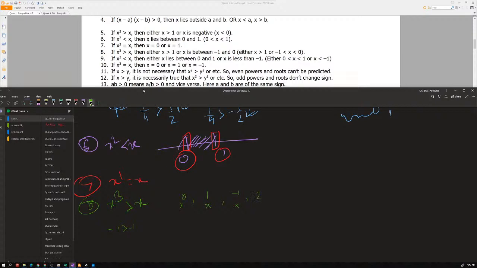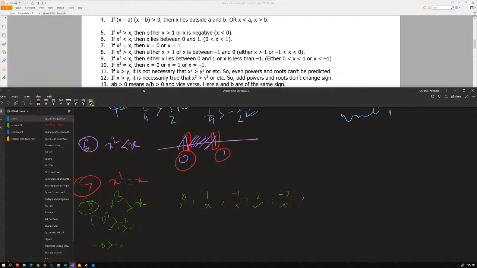Let's try 2. 2 cube is greater than 2, satisfies. Let's try minus 2. Minus 2 cube is minus 8, which is not greater than minus 2, so it doesn't satisfy.